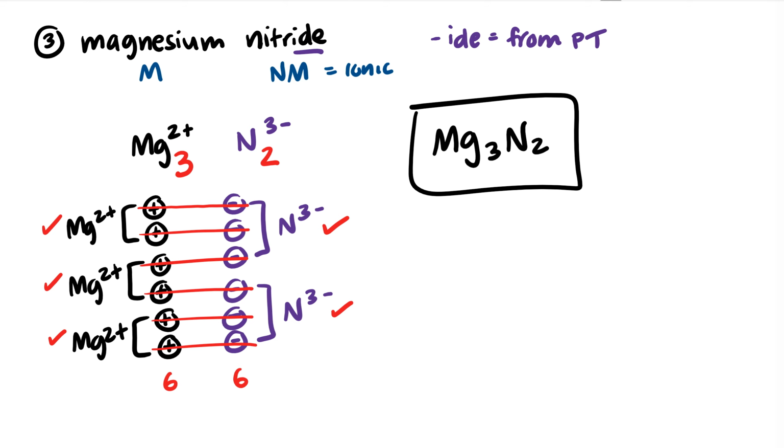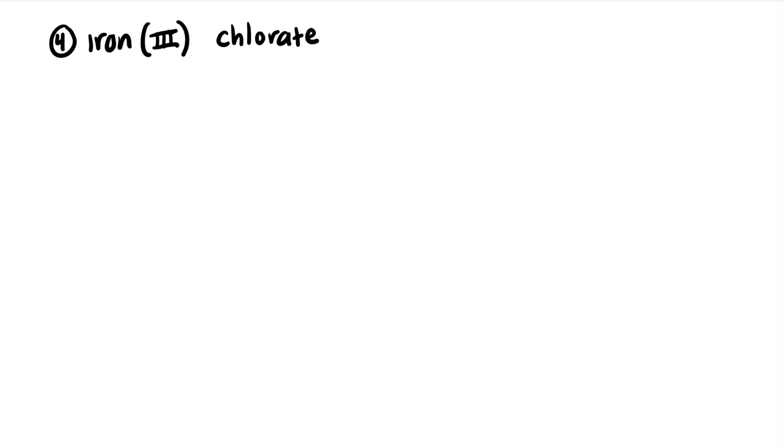All right, let's try another. Iron(III) chlorate. That's iron, parentheses, Roman numeral 3 inside those parentheses. Well, iron is a metal. Chlorate is a polyatomic ion.